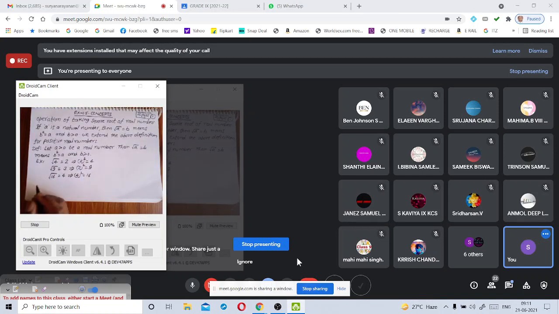Suppose another definition. Let a be greater than 0. Suppose a is a positive real number.